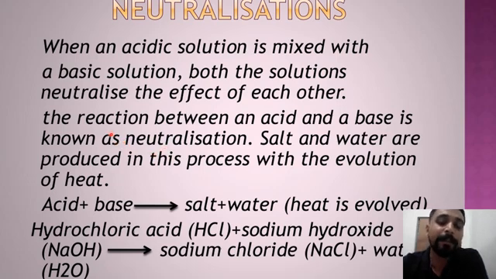In this reaction, acid plus base form a salt with some amount of water, and heat is evolved. Heat is evolved here, that means it is an exothermic reaction. Exothermic reaction means a reaction in which there is evolution of heat.